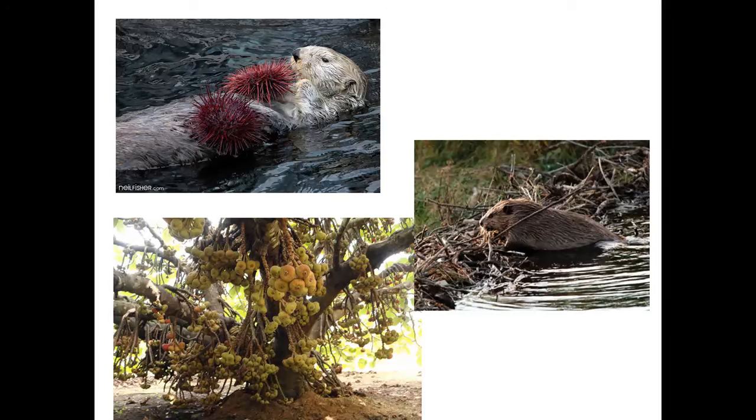There are three general categories of these species: keystone species, foundation species, and ecosystem engineers. These three types of organisms have a disparate effect on their community relative to their abundance.